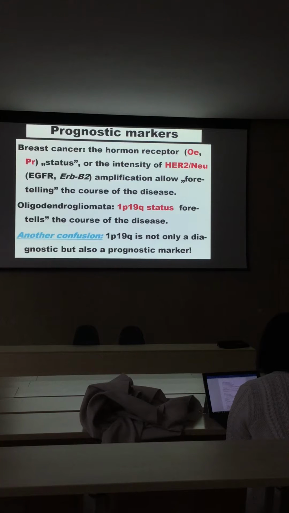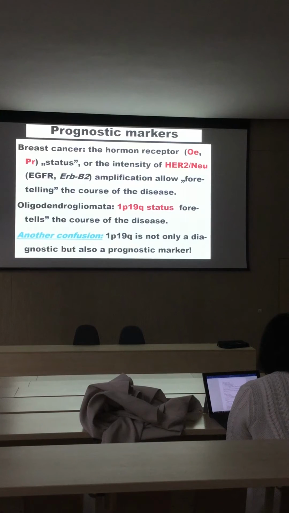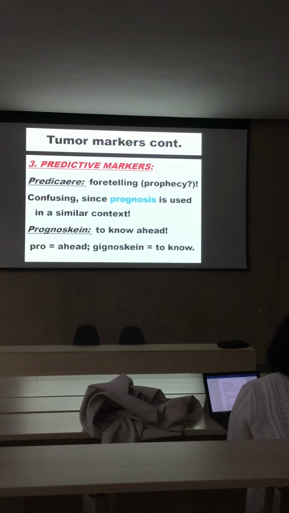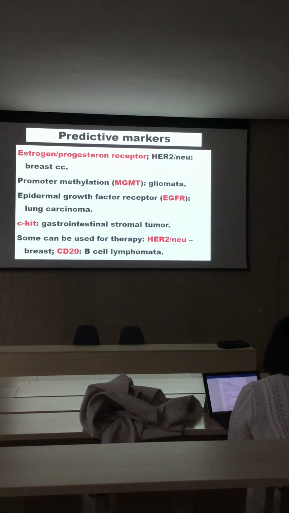But as I use the diagnostic markers, some of those will automatically become not only prognostic but also predictive. Okay? And this is the etymology. Prognostic and predictive is a difficult issue in English, but mainly for those who pay attention to such details.